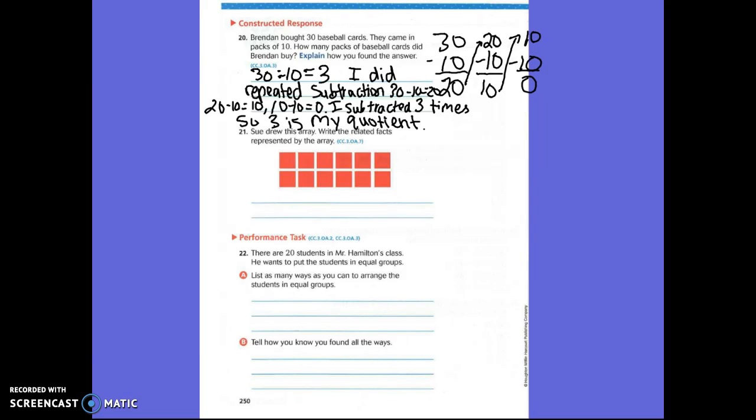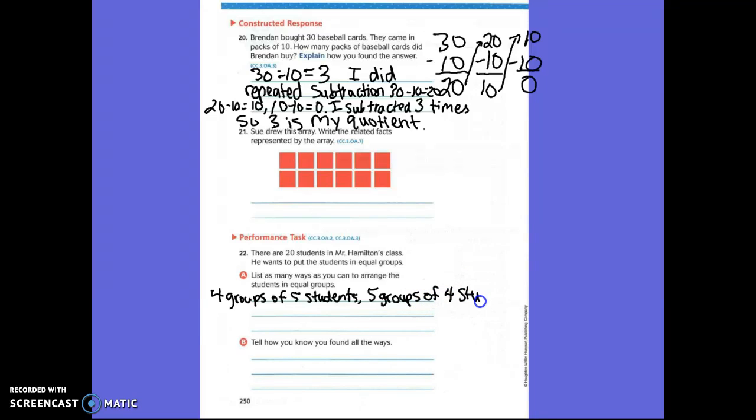Okay, he's making equal groups, so we want students. 4 groups of 5 students. There's one way. Give me another way. 5 groups of 4 students. Yes, 5 groups of 4 students.